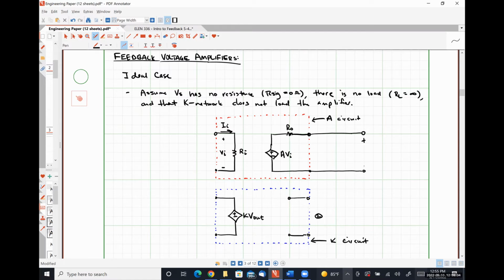So this is going to be the voltage V out. I want my output here, since I'm sensing a voltage, to be in parallel, like so.